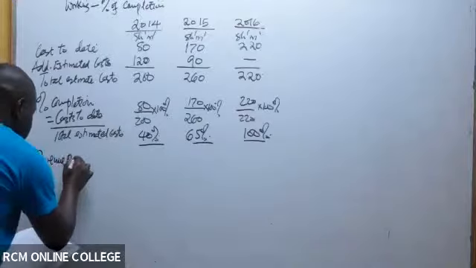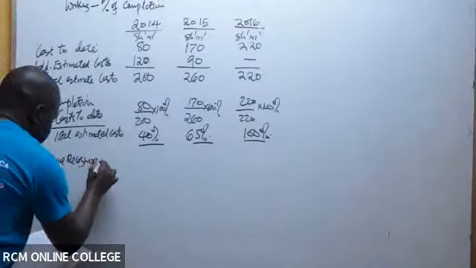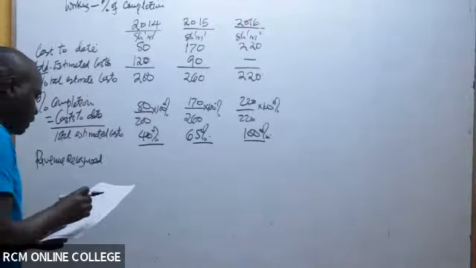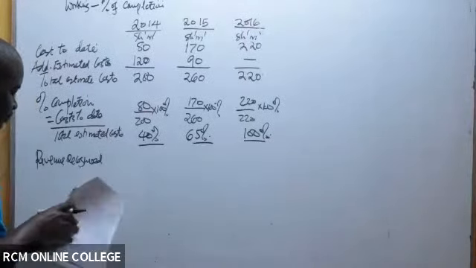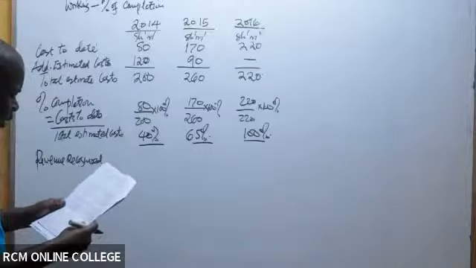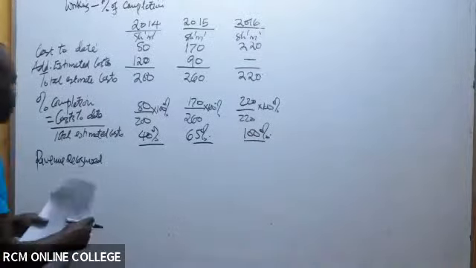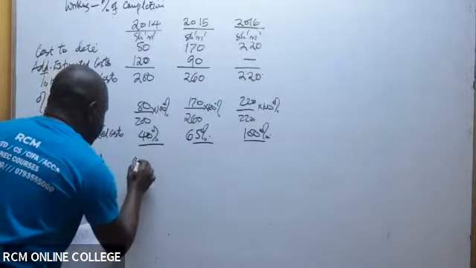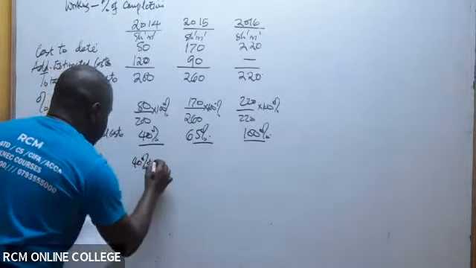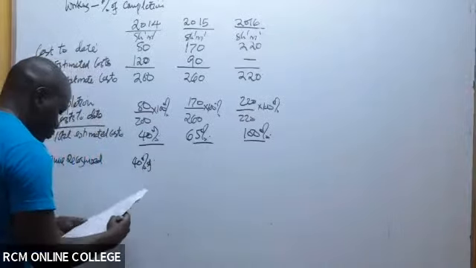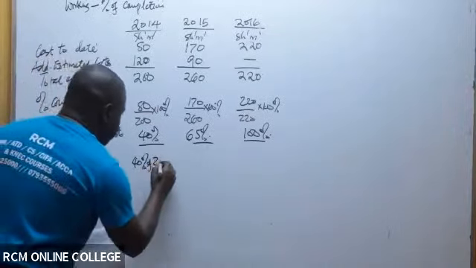Revenue recognized. For the first year, since we've been told the contract price is 250 million, it means in the first year we'll be able to recognize 40% of 250 million. In the second year, we'll recognize 65% of 250 million.